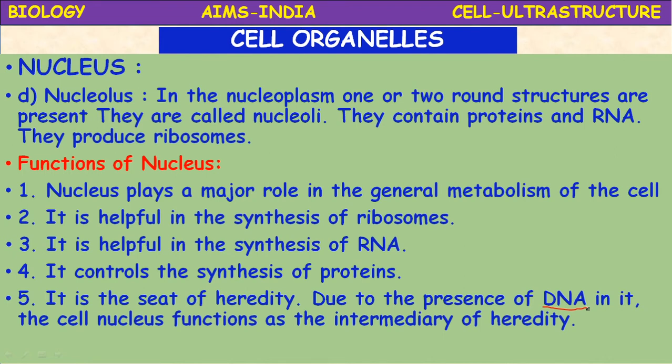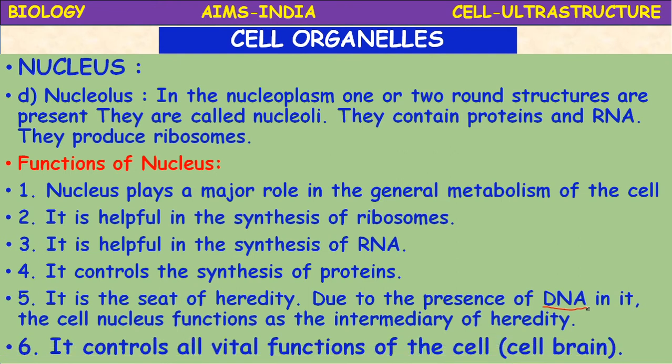The cell nucleus functions as the intermediary of heredity, meaning without the nucleus no hereditary material will transfer from the parent cell to the daughter cell. Okay, and this nucleus controls almost all vital, very important functions of the cell.